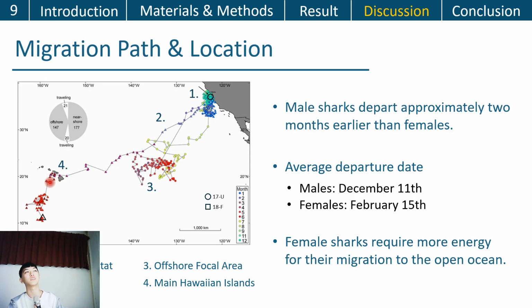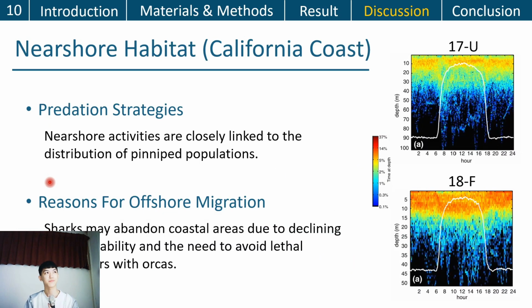And in this study, there is an interesting thing. The research team found that the male sharks leave earlier than female sharks. They leave about 2 months earlier. And the scientists suggest that the female sharks need to store more energy to swim to the pelagic ocean.